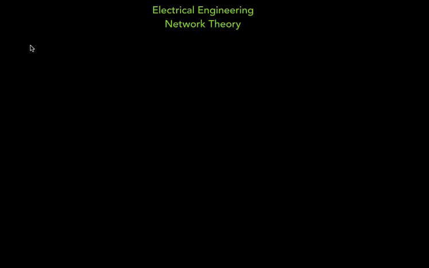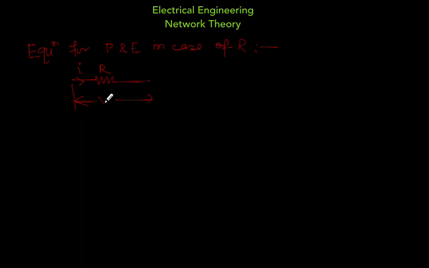Now we will look into the equation for power and energy in case of a resistance. So let us consider a resistance having a value of R, and current I is passing through this resistance, and the voltage across this resistance is V. So from Ohm's law we have V equal to IR.